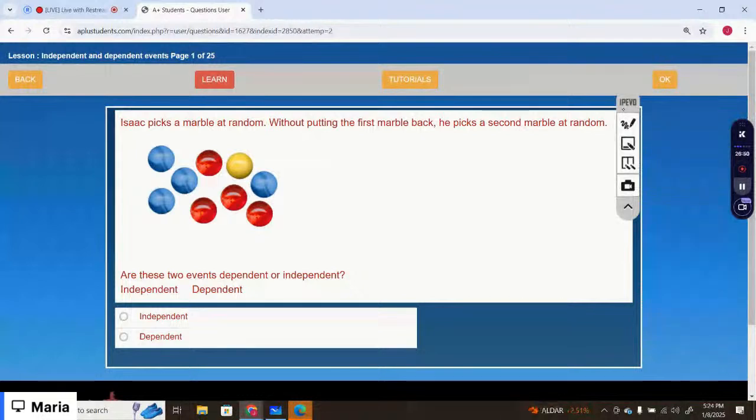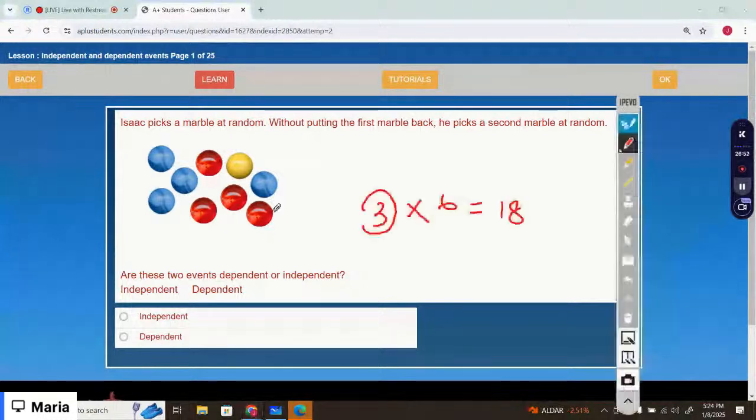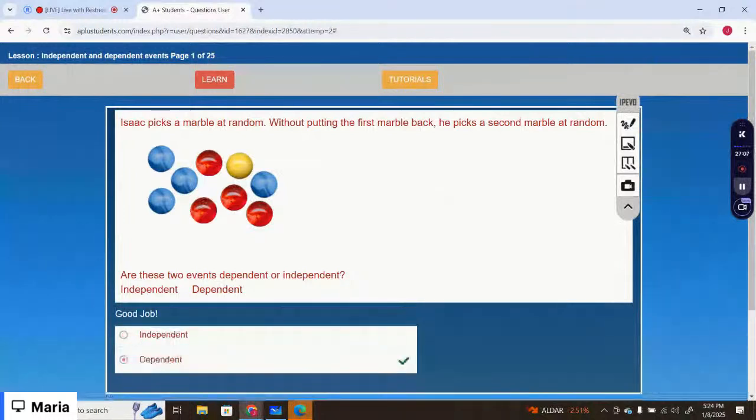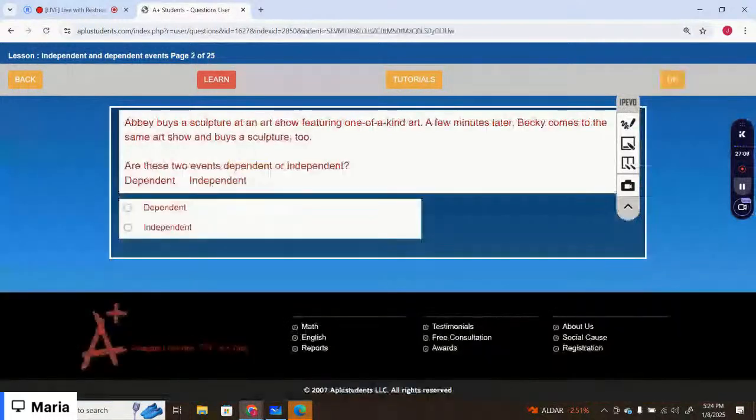And he didn't put the marble back. So for the first time, the total outcomes are 1, 2, 3, 4, 5, 6, 7, 8, 9 outcomes. But for the second time, you have 8 outcomes. So they are the dependent events, right? If the outcomes are not the same, then they are the dependent events.